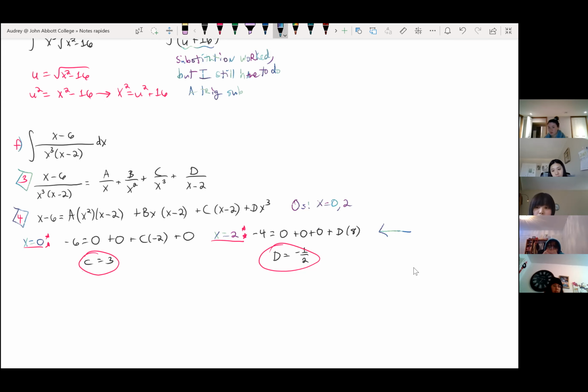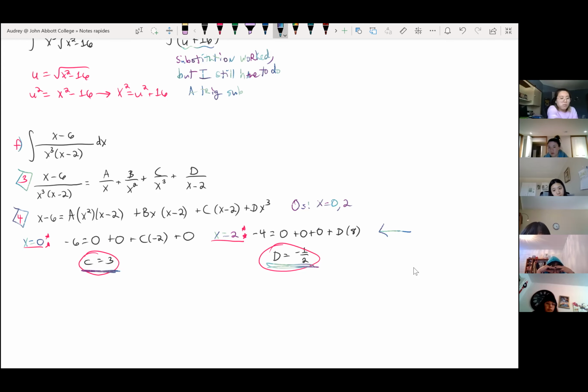So at this point, I've plugged in my zeros and I found C and D, and I have 2 things left to solve for. So I could plug in 2 other values and use those to solve for A and B, or I could switch to method 2. My suggestion would be that you've only got 2 things left, you might as well move forward with method 1, but it's not wrong to move to method 2.